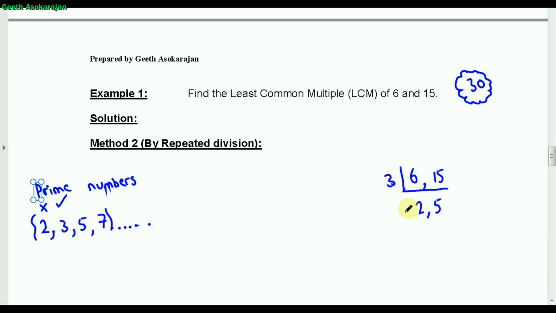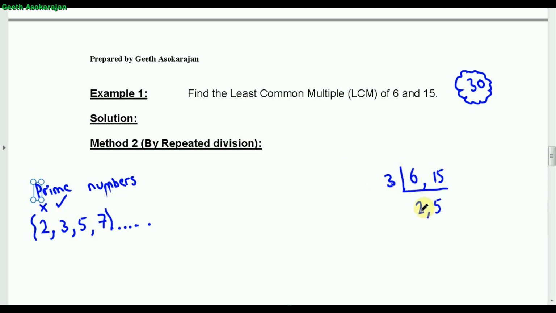Then we stop the process because these two numbers, 2 and 5, are prime numbers. Even if you have a 1 with a prime number, stop the process. Or even if you cannot divide the initial set of numbers by the prime numbers concerned, stop the process.